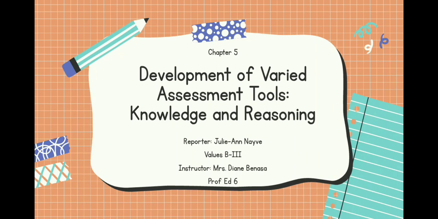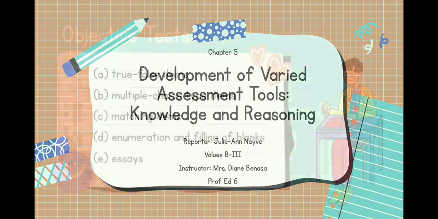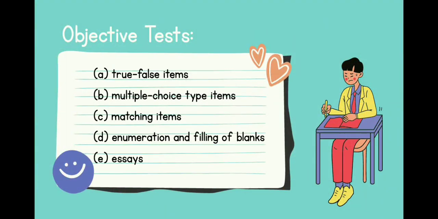For this purpose, we are going to know the following types of objective tests, namely, true or false items, multiple choice type items, matching items, enumeration and filling of blanks, and lastly, the essays.